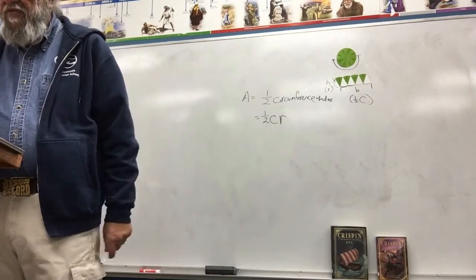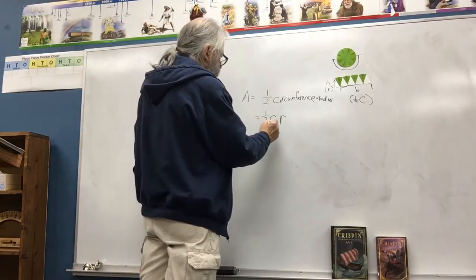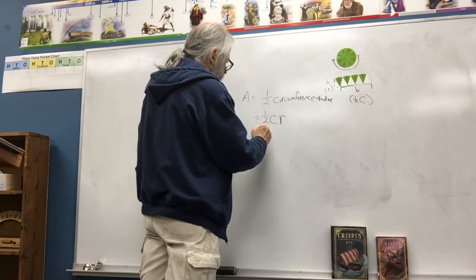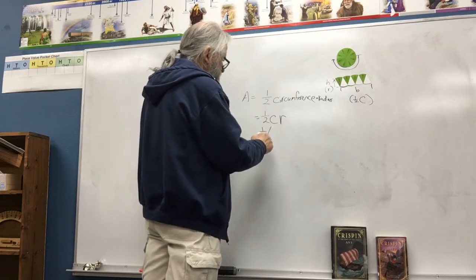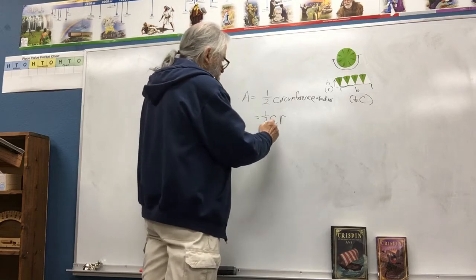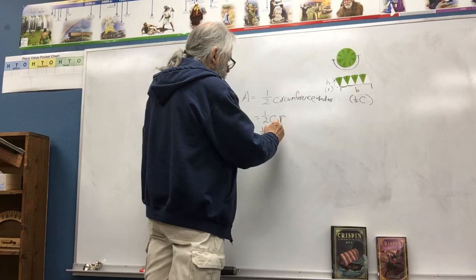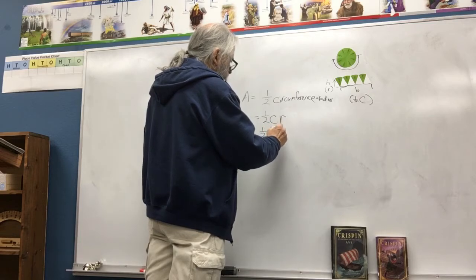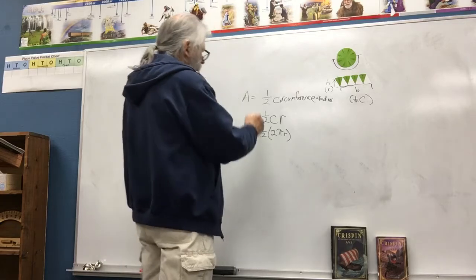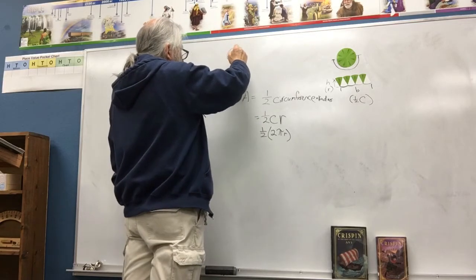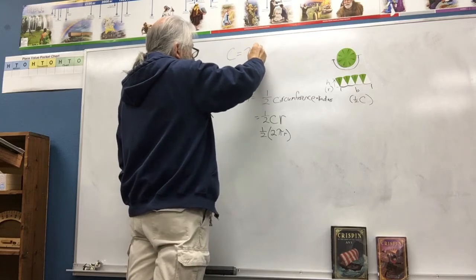But the circumference of a circle is, so I'm still going to have this 1/2 here, right? And C, I'm going to put in parentheses because this is all C. Okay? This is 2 pi r. If you remember, the circumference of a circle is pi d, diameter.